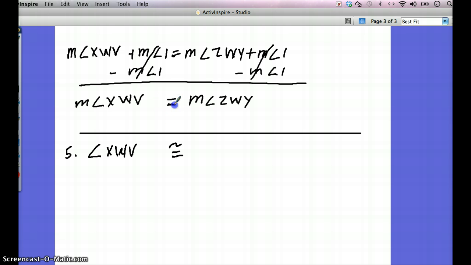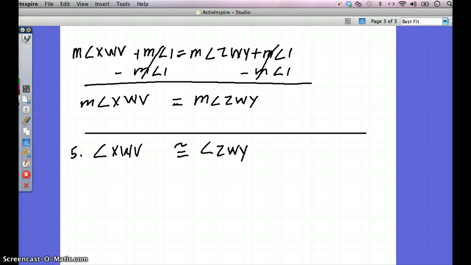Note the difference. This is equal to, this is congruent to angle ZWY. The reason will be definition of angle congruence.